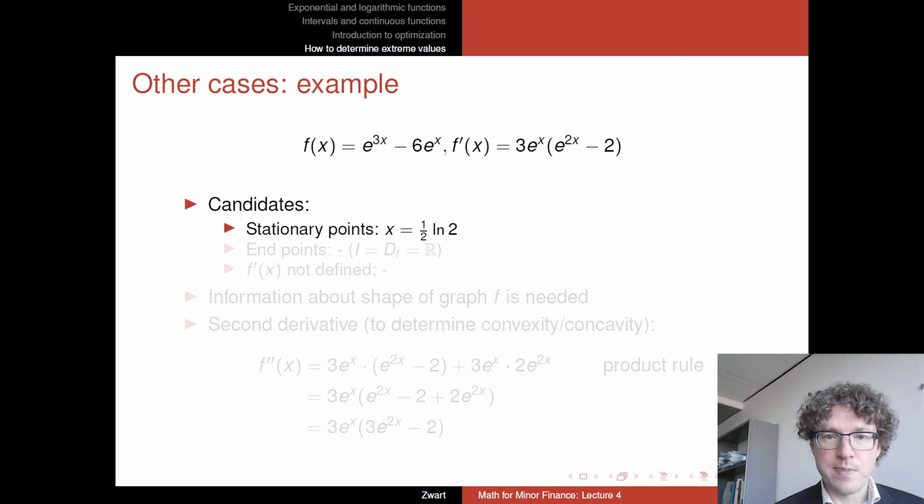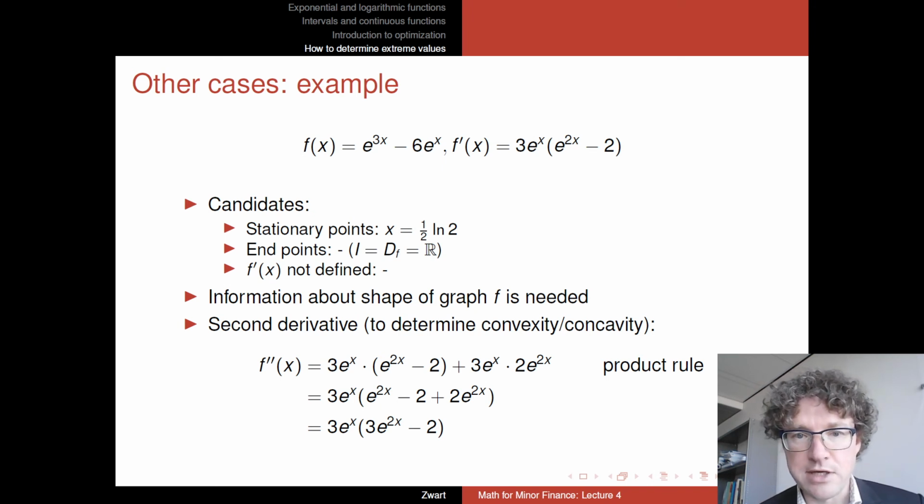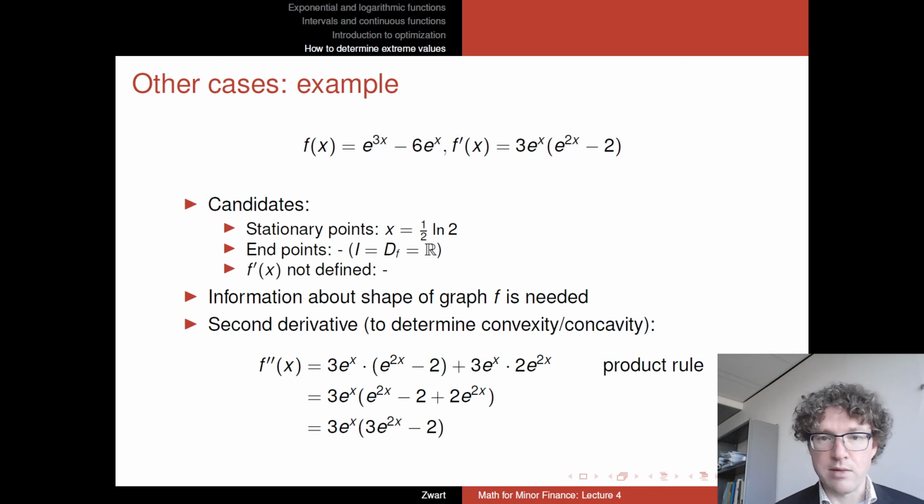For the stationary point, we do not have any endpoint, because the interval on which we are working is the entire natural domain, all the real numbers, for this particular function. F prime is always defined, so there are no kinks in this function. So we need some further information, because the EVT does not help us, because we have an unbounded domain, an unbounded interval.